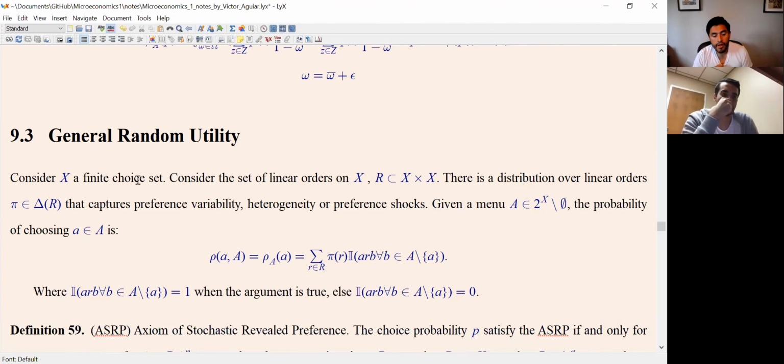So who remembers what a linear order is? So David, can you hear me? Yes. What's a linear order? So basically, if you take any linear combination of elements in that set, they are still in that set.